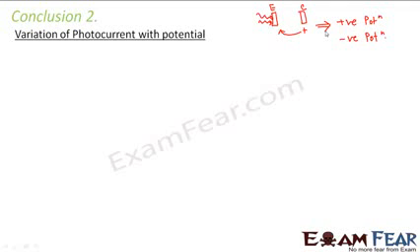That means we are keeping the collector at a higher potential as compared to the emitter. When we talk about negative potential, I mean that the collector is at a negative potential with respect to the emitter. So we are keeping the collector at a lower potential as compared to the emitter. I just explained the terminologies, because now when we discuss the variation of photocurrent, we will use these two terminologies, right?